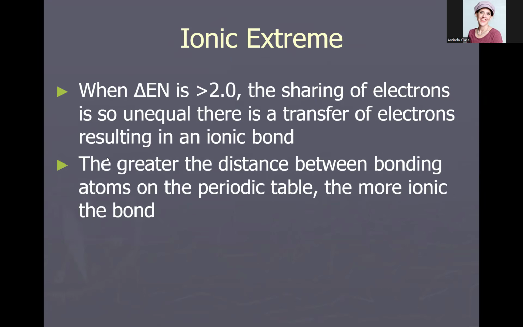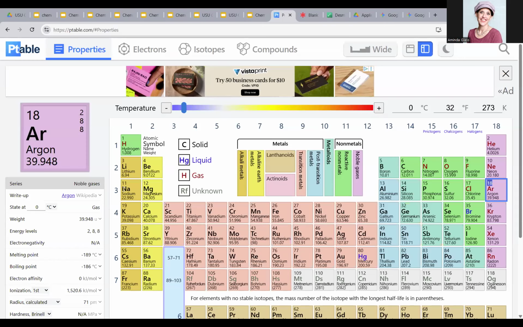Anytime you have a metal and a nonmetal, that electronegativity difference is going to be greater than 2.0. The greater the distance between bonding atoms on the periodic table, the more ionic the bond will be. Sodium and chlorine are on opposite sides of the periodic table, so you can see here, opposite ends, they're going to be ionic.